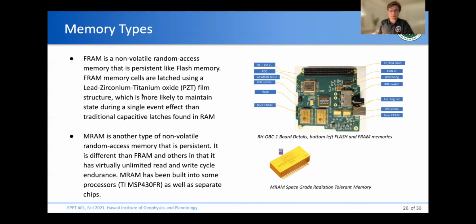In terms of protecting the memory, there are other things we can do. One type is error correcting code memory. ECC memory is usually implemented in the memory itself, and it checks the memory space and computes a checksum for that.